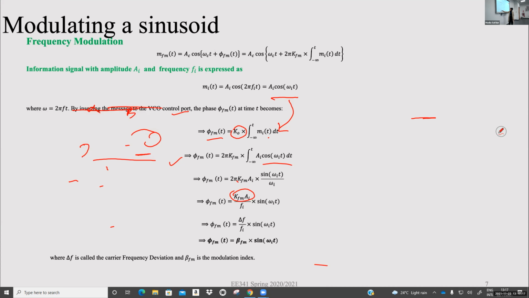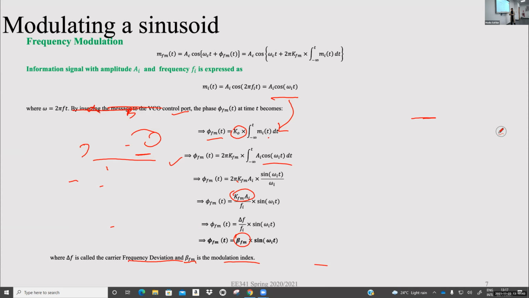Delta f is the carrier frequency deviation. And then beta FM is the modulation index. So modulation index, what it does, how much variation: before we had the modulation index for amplitude modulation, that tells how much variation in amplitude is happening. Here, this will tell us how much variation in the frequency is happening.